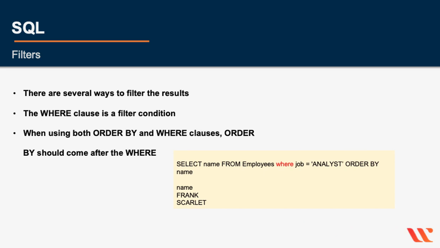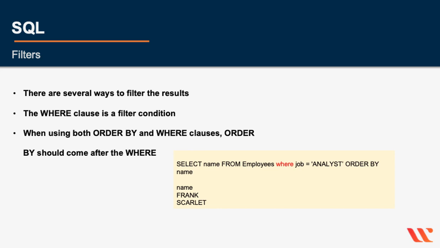Filters. So there are several ways to filter results. One of them is using the where clause. So you're doing a select columns from a table where something equals something. So here we're saying select name from employees where job equals analyst. So what's happening here is we only want to retrieve the records where the job title is analyst.